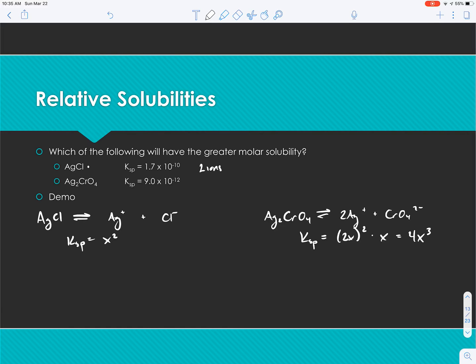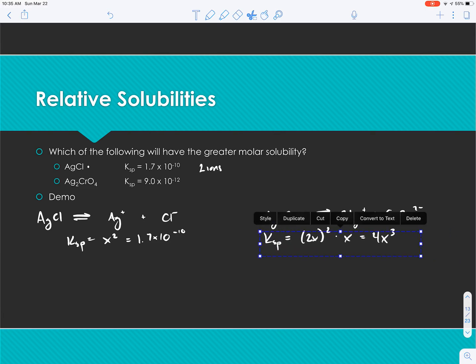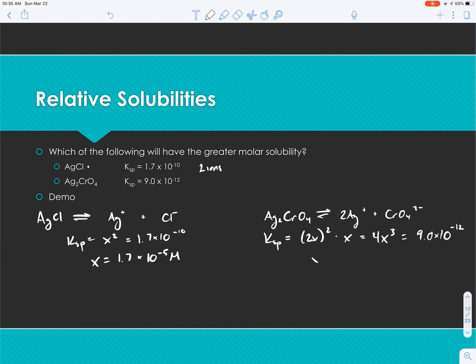So when we actually solve those expressions for our X value, we might see a different relationship. Over here we get X equals 1.7 times 10 to the negative 5 molar. Over here, X is 1.3 times 10 to the negative 4 molar.